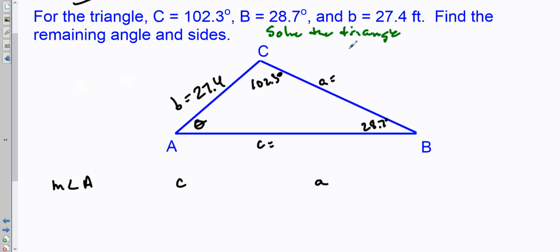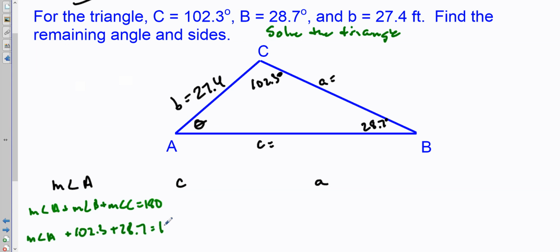Let's do the easy part, let's find the angle. If you remember from geometry, the measure of angle A plus the measure of angle B plus the measure of angle C, whether it's right or oblique or whatnot, will always equal 180 degrees. So if we're trying to find the measure of angle A, we know that A plus 102.3 plus 28.7 has to equal 180 degrees.